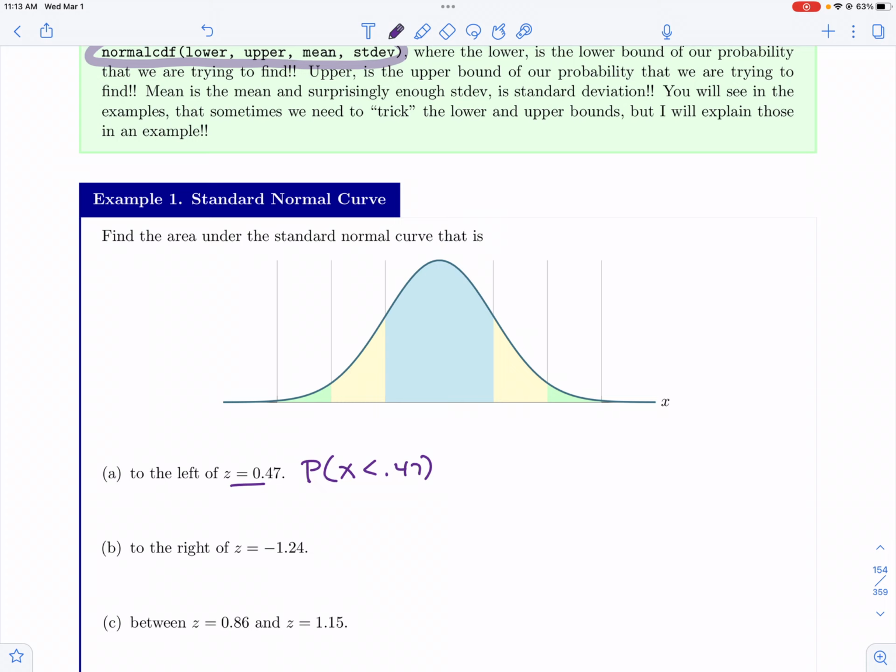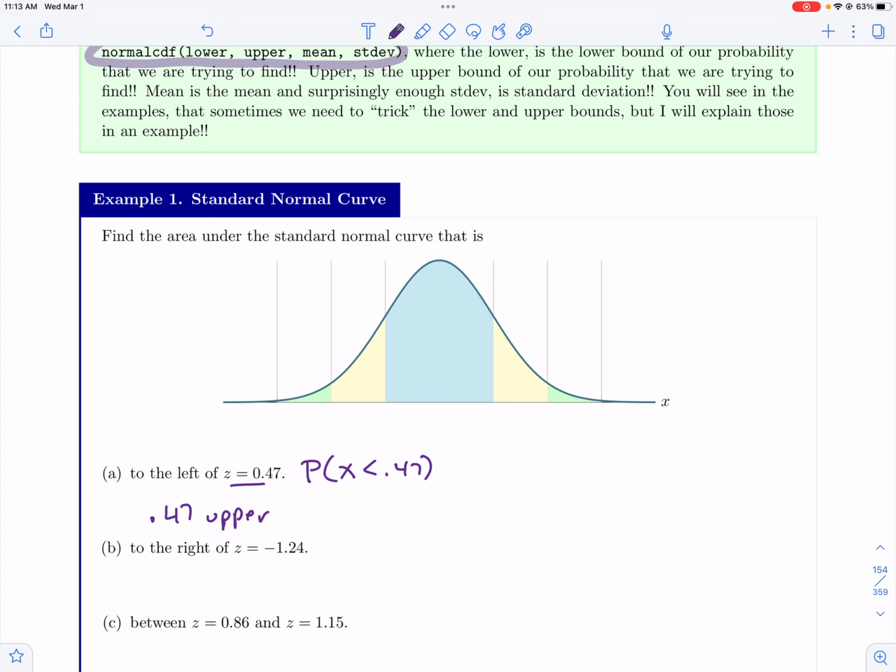Now with this one, since we're going to the left, that 0.47 is going to be our upper bound. But since we want this thing to go on and on forever, what would be a lower bound for this? What we want to do is pick some ridiculously small number that's never going to happen in our data set.